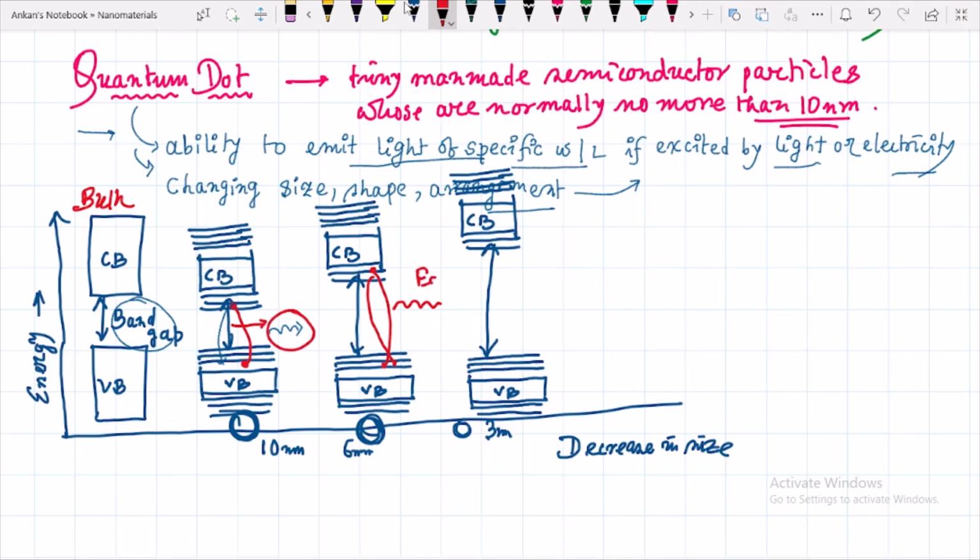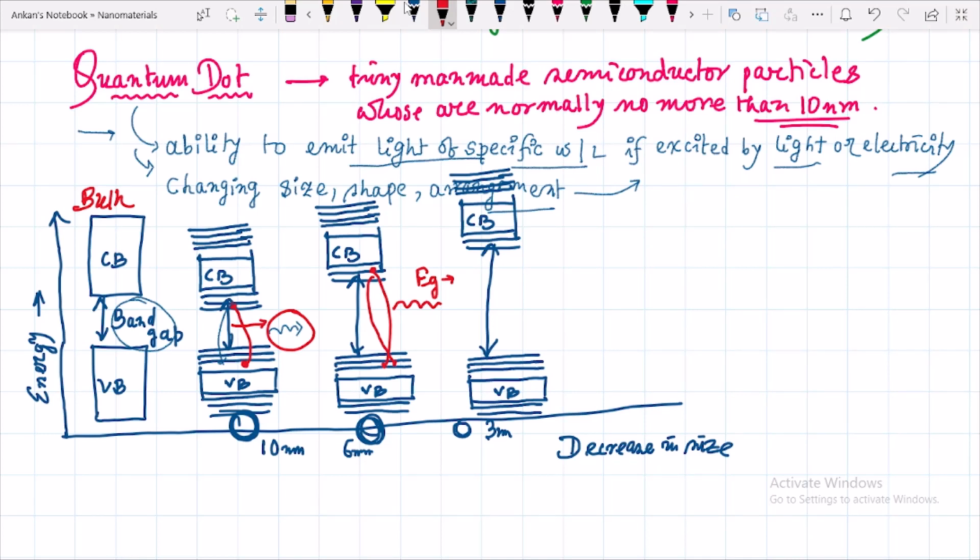And we can say that by reducing the size, if an electron is excited to the conduction band and then the excitation is removed and the electron goes back to the valence band, then the excitation energy released by the electron will be greater when we decrease the size of the nanoparticles, as seen from the graph very well.